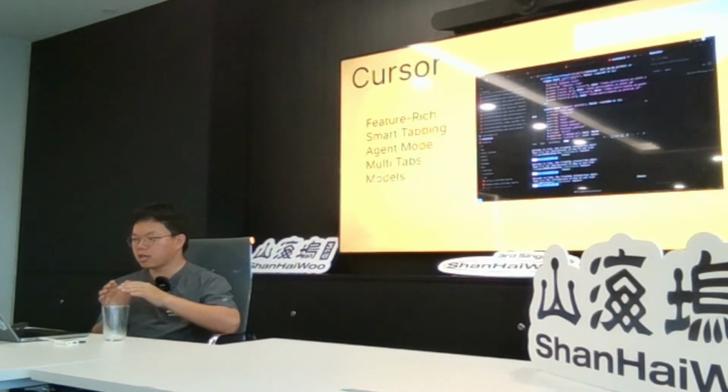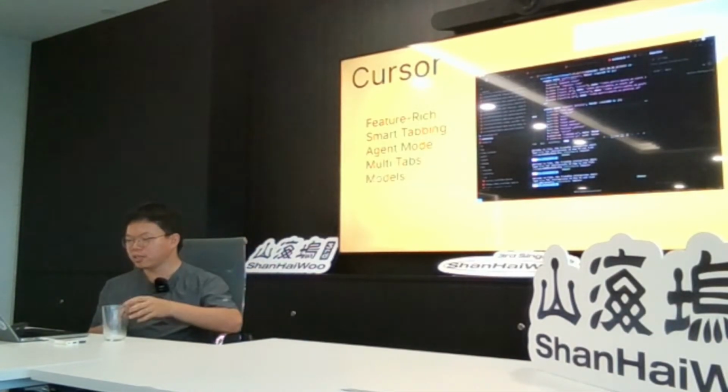So I think most of you may already know about Cursor. Cursor is the most popular and most feature-rich AI-assisted coding development environment. It also has smart tabbing, so you don't need to have a very specific plan to do coding with AI.